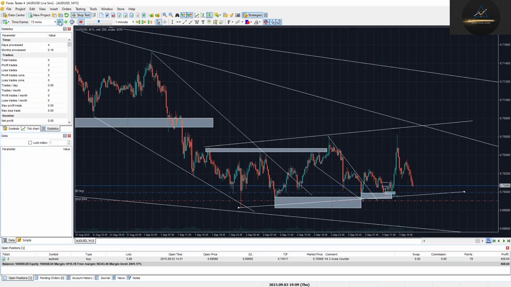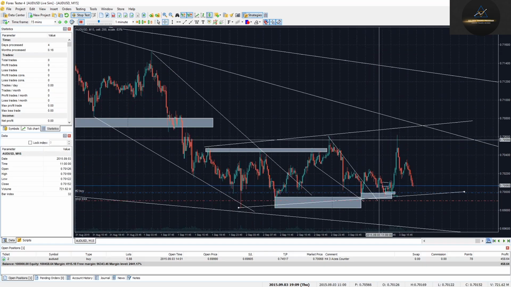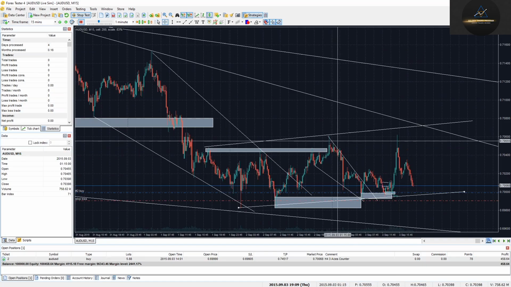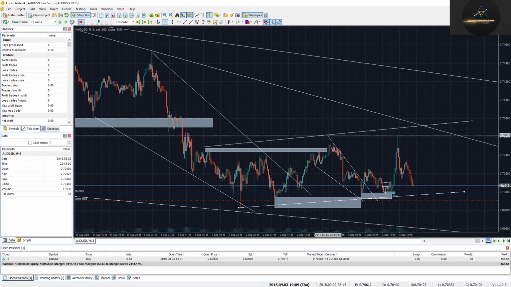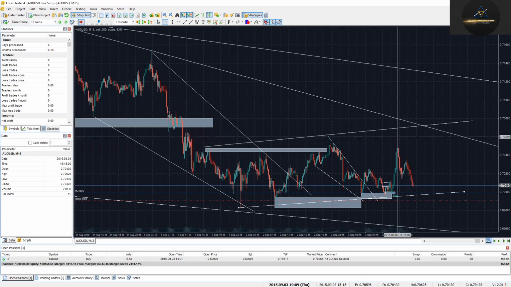Right, this is a good example, guys. Another good example. Bank profits. Even sometimes I have a TP just below this buy side liquidity, just in case this happens. This has happened to me a lot.